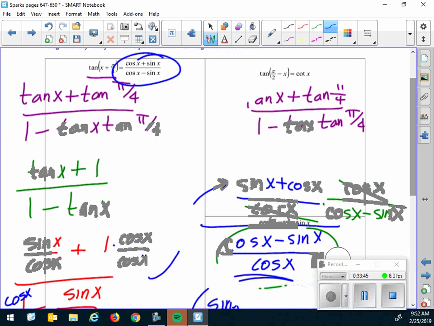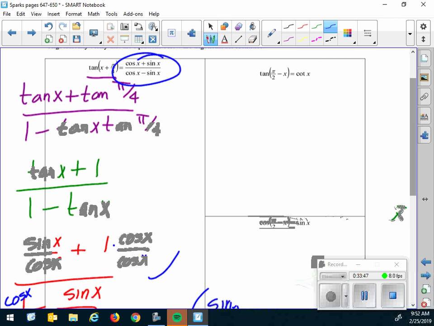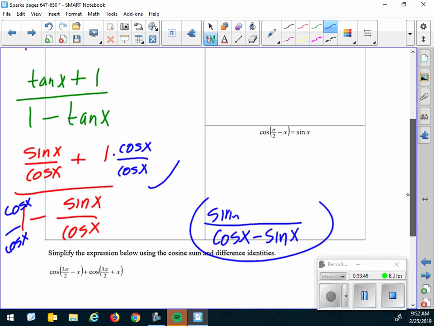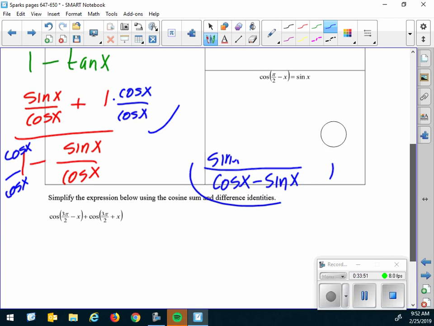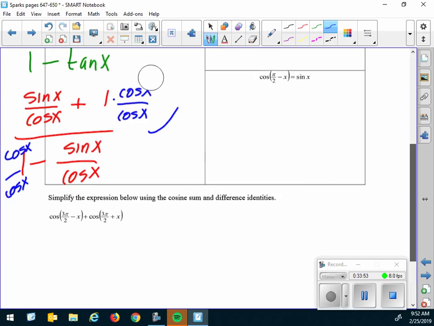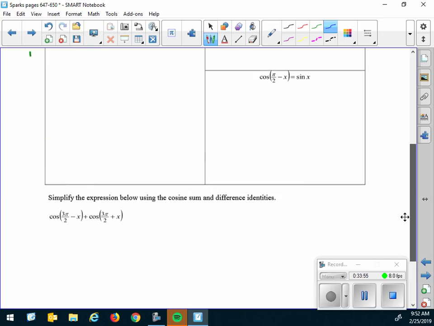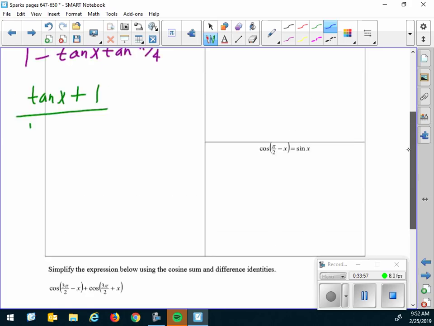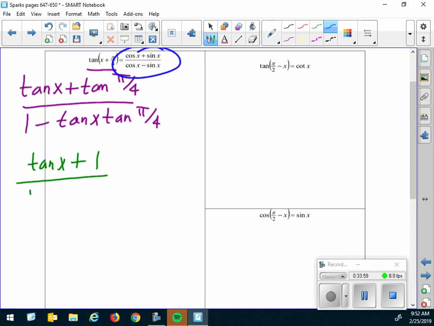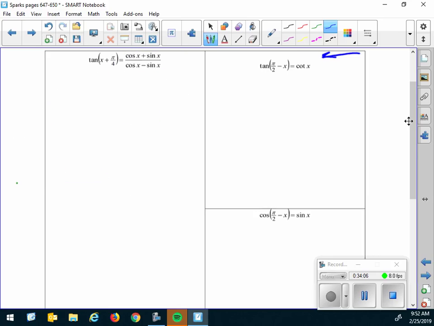Okay. Get rid of some of this stuff because I wrote real big and used a lot of room. All right, we're working on this one. Tangent with a minus. Remember, the wall goes up when you're proving an identity, so we can't cross over.